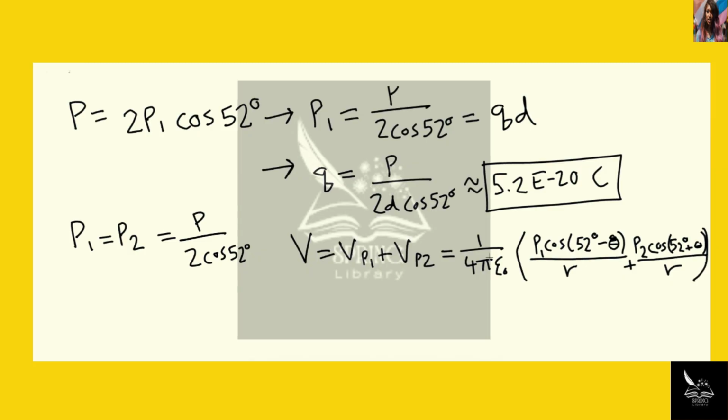And once we're at this point, we're going to have to do a lot of math to get down to the expected expression. We can pull the R out to start, which leaves us with something a little bit better: P1 cosine of (52 degrees minus theta) plus P2 cosine of (52 degrees plus theta).